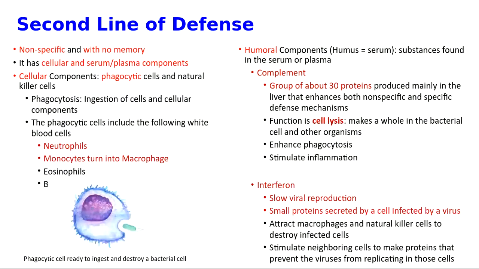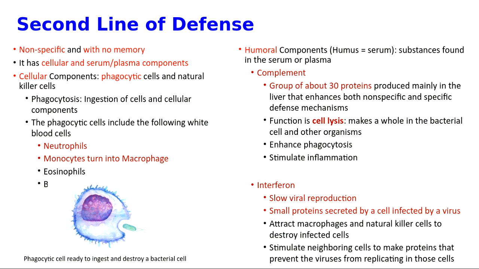And again, the cells involved in the second line of defense are the phagocytic cells and some natural killer cells. These lymphocytes are different than the lymphocytes involved in the third line of defense. The natural killer cells, their function is to kill. They do not wait to identify specific components of the cell.